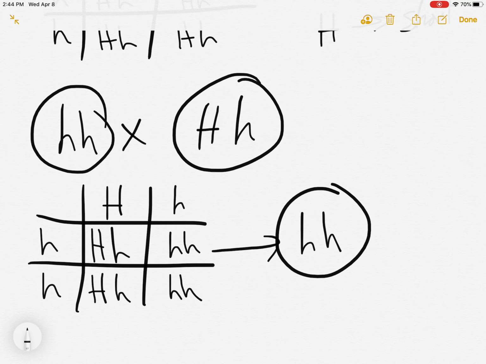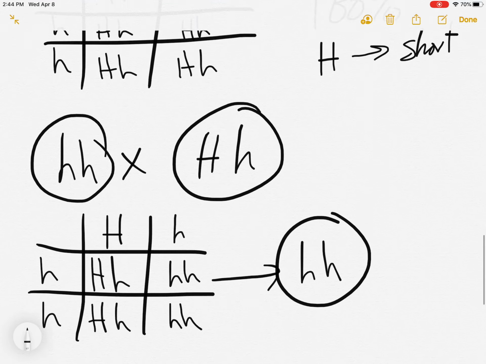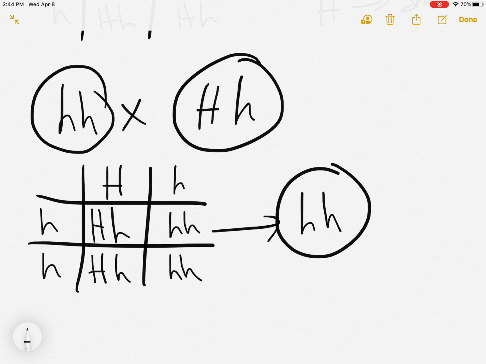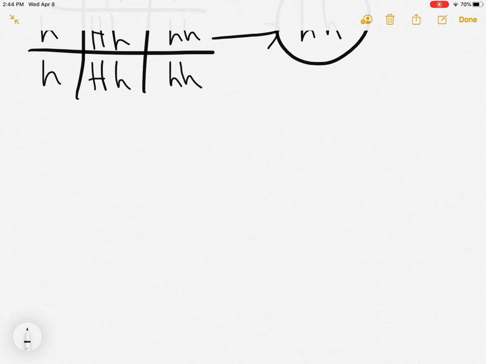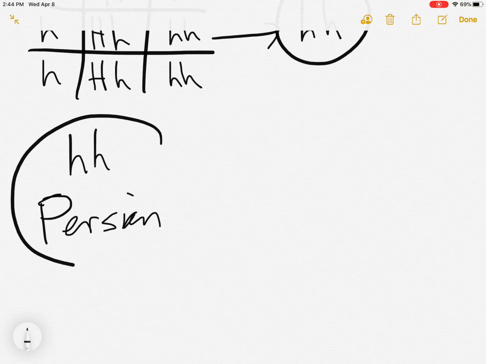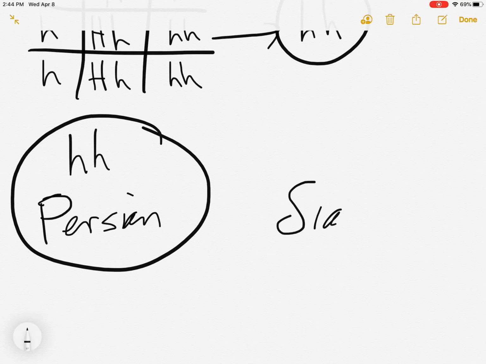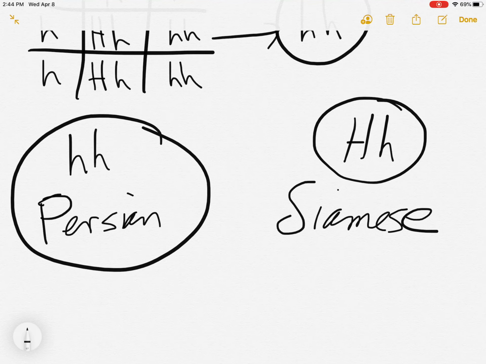This has to be one, and this has to be the other, because no other combination will give us kitties with long hair. It doesn't matter how many cats there were. So now we know that the true breeding Persian was this, and the Siamese, because of the way the kitties turned out, has to be this.